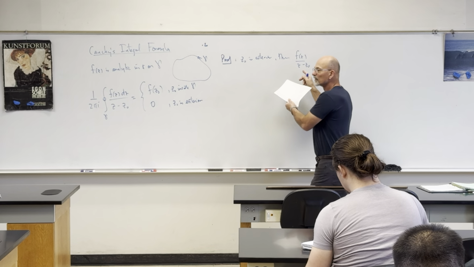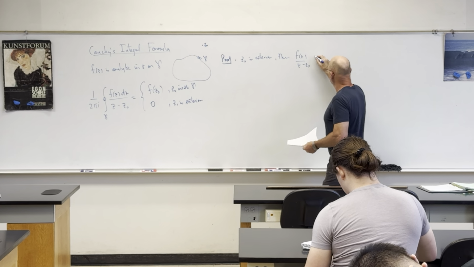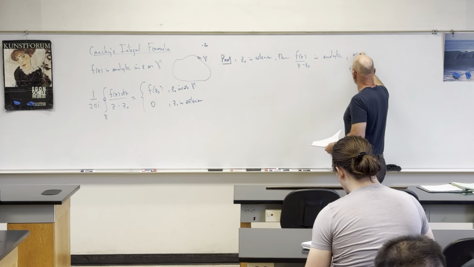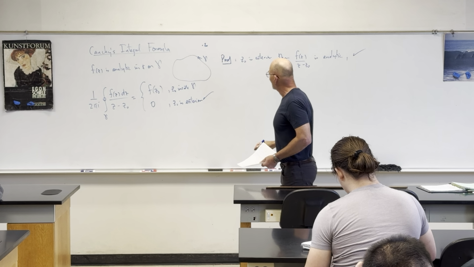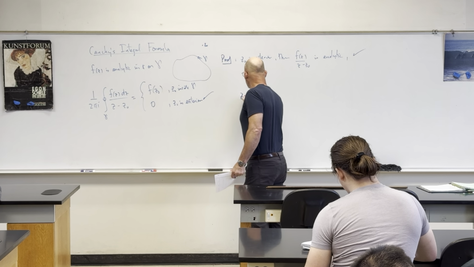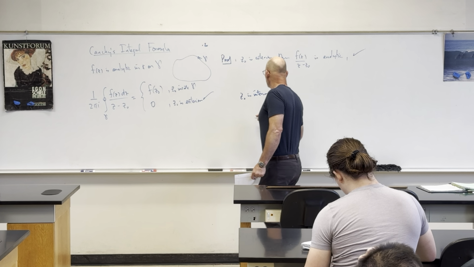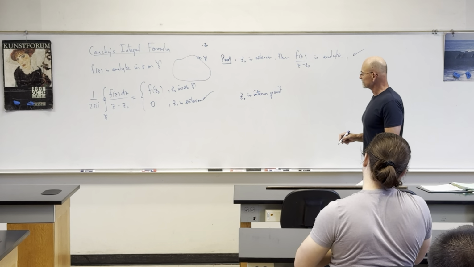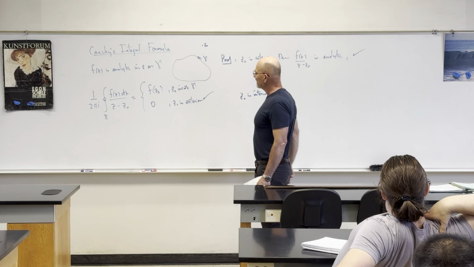Z minus z sub 0 is analytic because this is safely far away. Therefore, Cauchy's theorem gives us 0. Now, if z sub 0 is interior, this is an interior point, then we just have to look at this thing here.